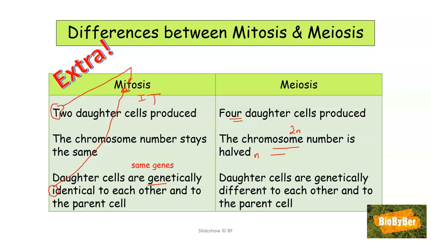That's an important point to bear in mind. Not only are the daughter cells genetically identical to each other, but they're also identical to the parent cell. In meiosis, the daughter cells are genetically different to each other and different to the parent cell due to the phenomenon or process of crossing over, which we are going to accept at face value.